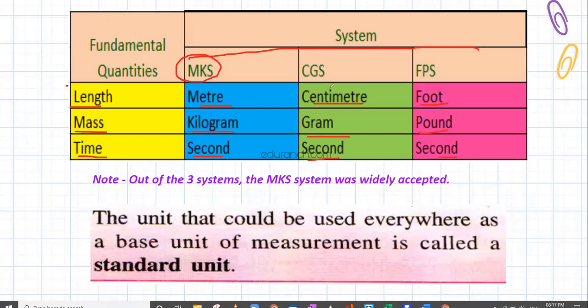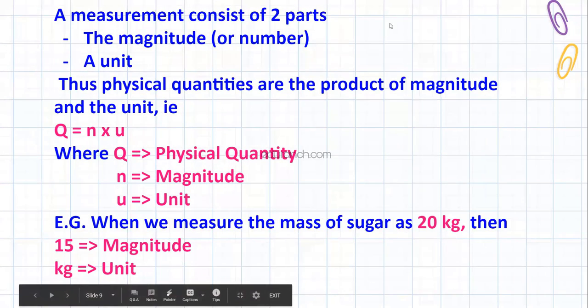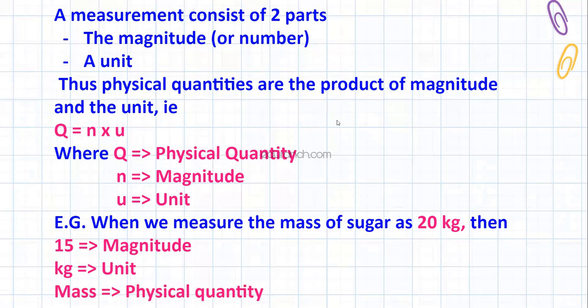Okay. The unit that could be used everywhere as a base unit of measurement is called the standard unit. Now let's see how we write a measurement. A measurement consists of two parts. One is the magnitude.